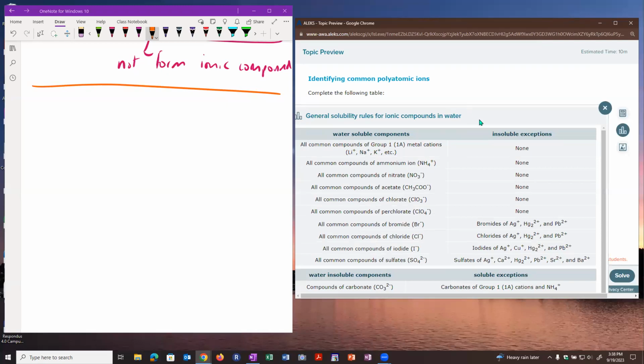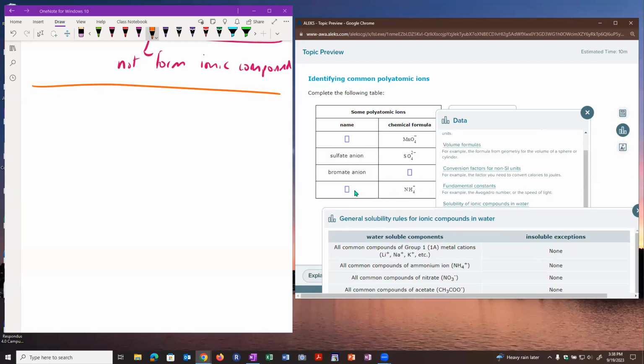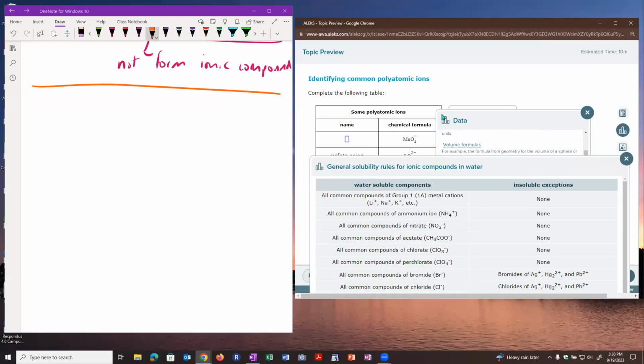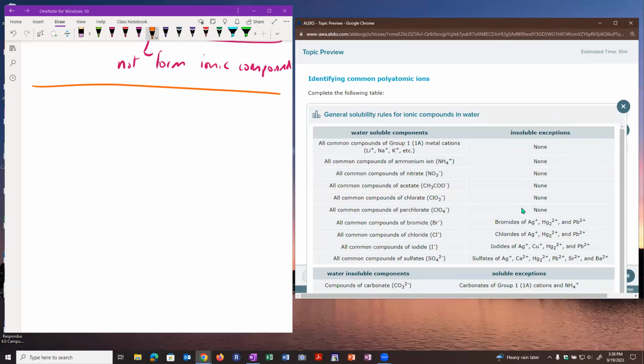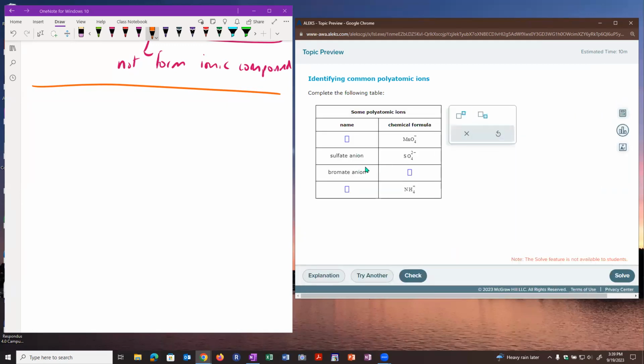Here you can find some of the other ones we talked about, where you have the ammonium ion, NH4 plus. That's also here. You would type in ammonium for that one. So either keep this window open as you're going through, or have your text open and you can quickly go through these. Also keep in mind that there is a list of polyatomic ions that you need to memorize, and that is in either the second or the third video for this week.